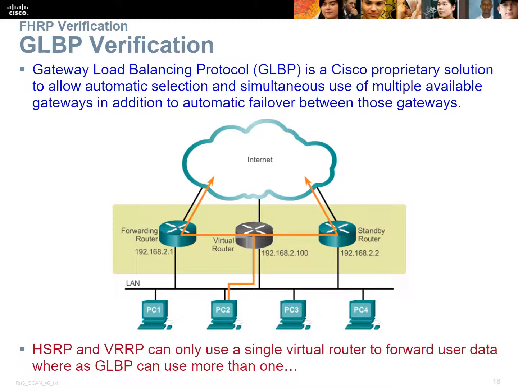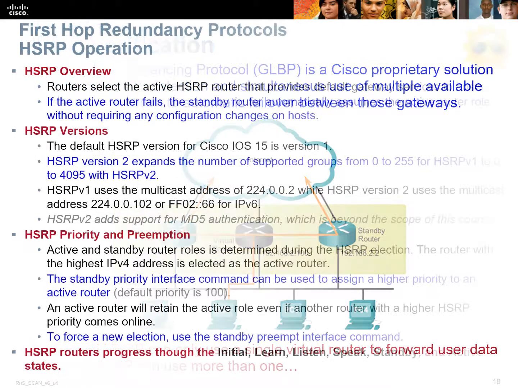So when the forwarding router fails, we have to rely on the ARP cache timeout and the client to be broken and then do a fresh ARP and get the new MAC address for the virtual IP address of 192.168.2.100. So because the MAC address is tied, the users may notice a bit of a downtime. However, all the routers are forwarding, so you've got double the amount of bandwidth. So, swings and roundabouts on GLBP.